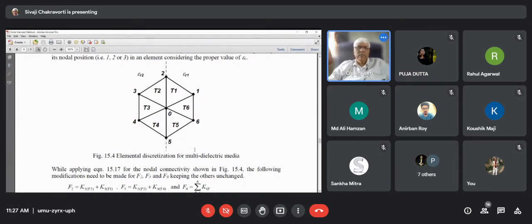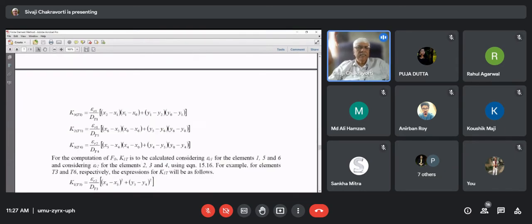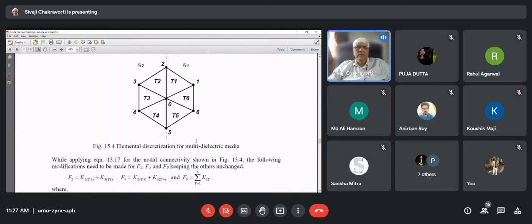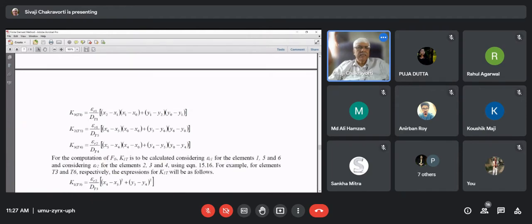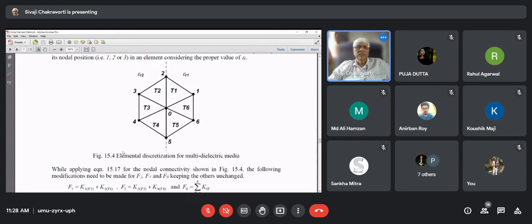So we take K3 for T4 and K2 for T5. For K3 of T4 we have taken epsilon r2 because T4 is in epsilon r2, and for K2 of T5 we have taken epsilon r1 because triangle 5 is in epsilon r1.